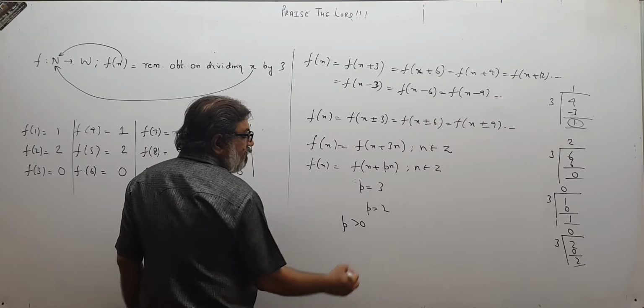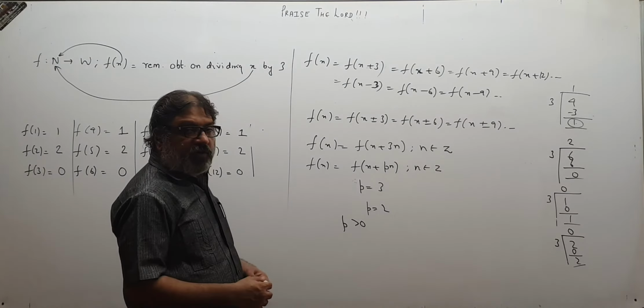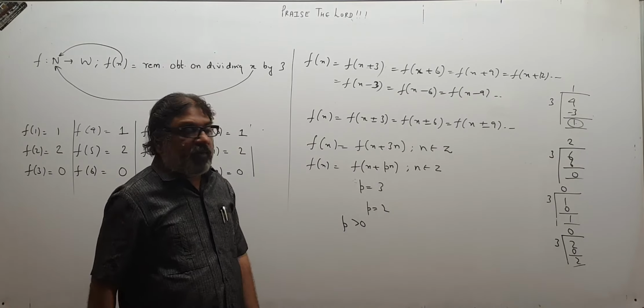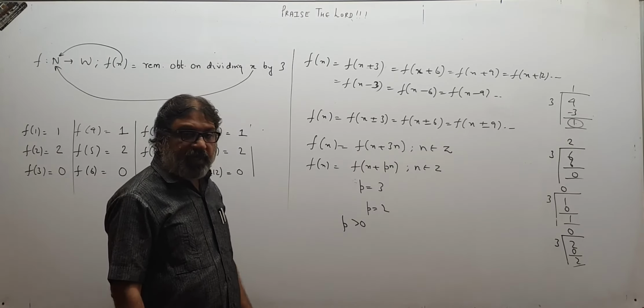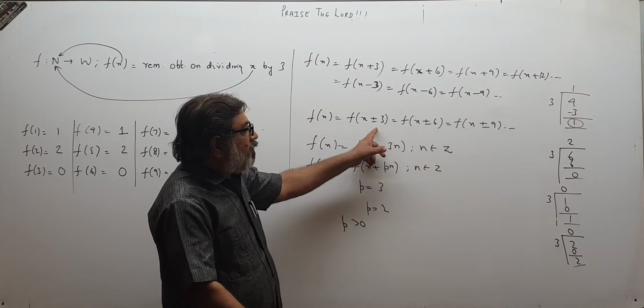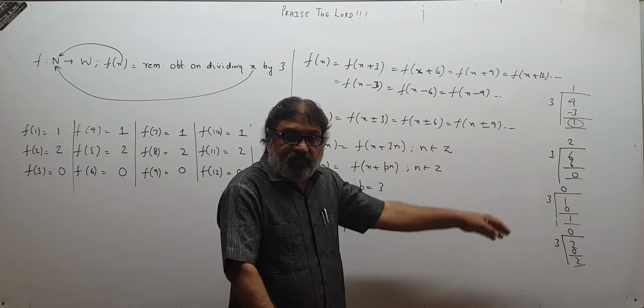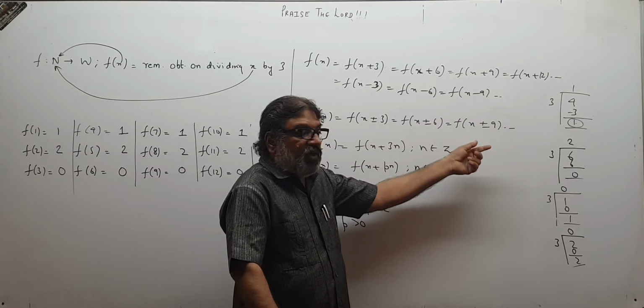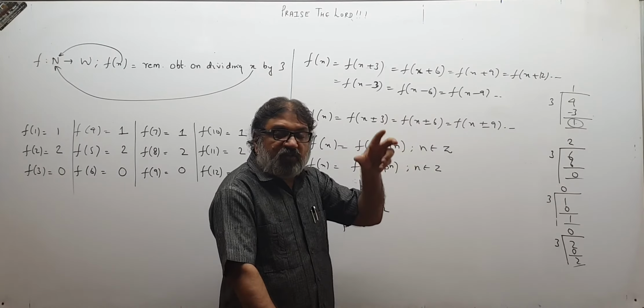P should be positive, the smallest positive number. That is called the fundamental period of the function, the smallest value of p. What is p possible? P possible is plus or minus 3, plus or minus 6, plus or minus 9, like this. And pn means what? Plus or minus 3, plus or minus 6, plus or minus 9. Out of all these values, which is the smallest possible value?